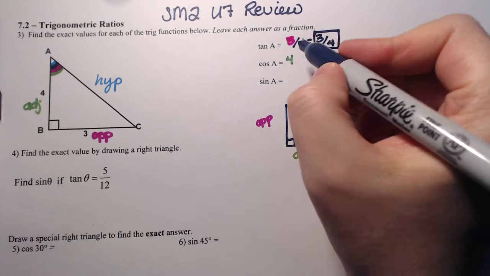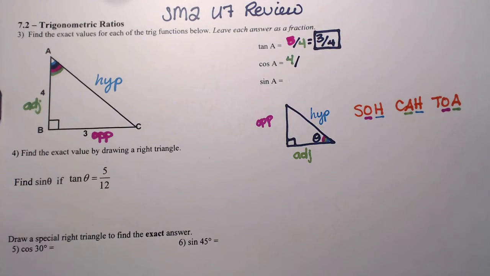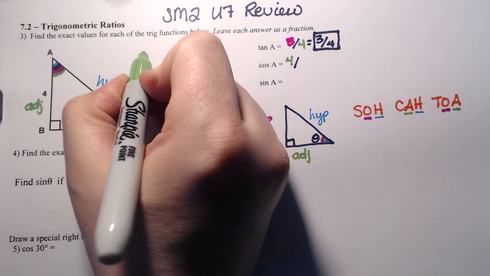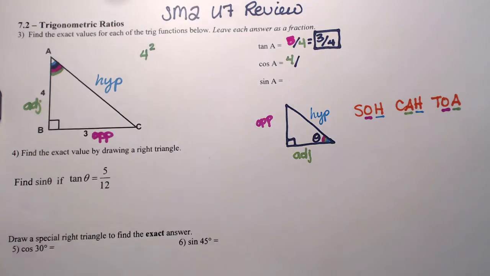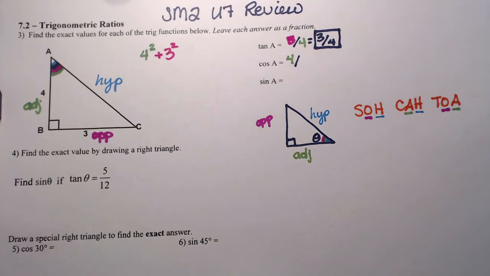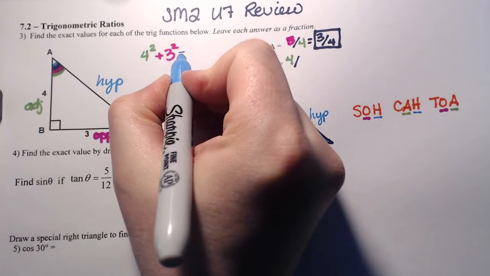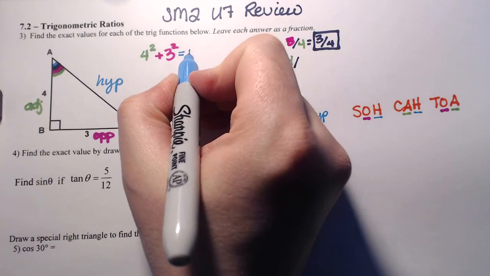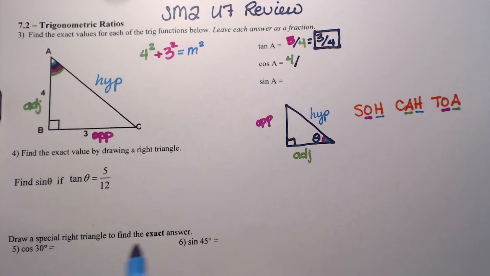So it's a problem. So what we're going to do is use our knowledge about right triangles and say, well, I know that when I have two sides on a right triangle, I can find the third side by using Pythagorean theorem. So we're going to say side squared plus the other side squared equals the hypotenuse squared. And I usually use m for my missing side.